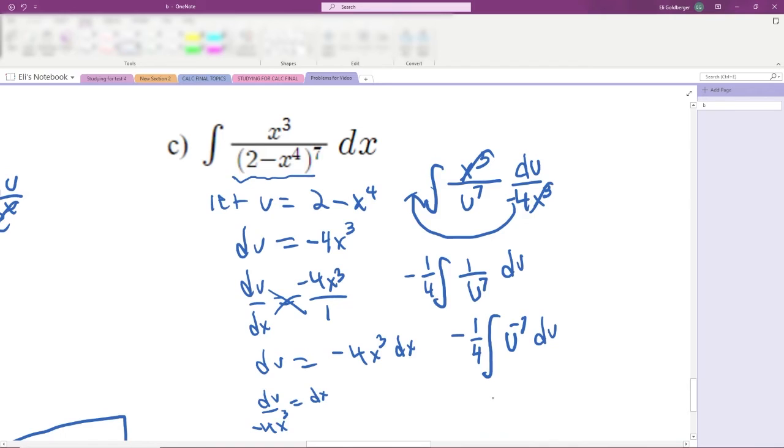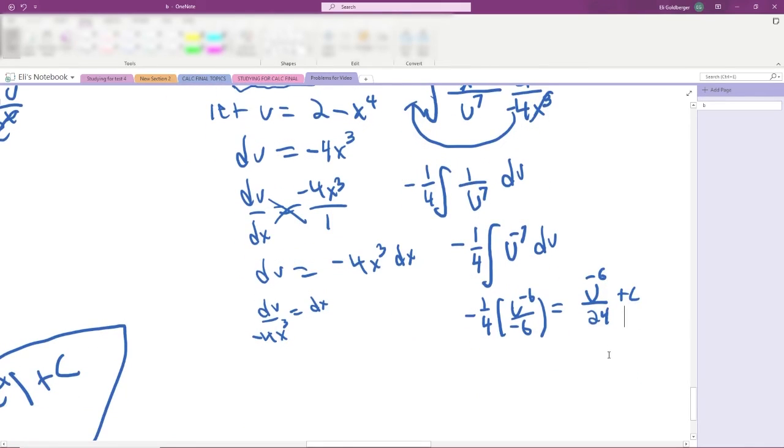So now we'll have negative 1/4 multiplied by u to the negative 6th over negative 6. And now we can multiply that out. The two negatives equal a positive, so it's just u to the negative 6th over 24, plus c.